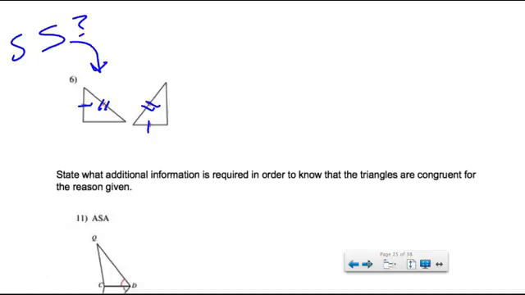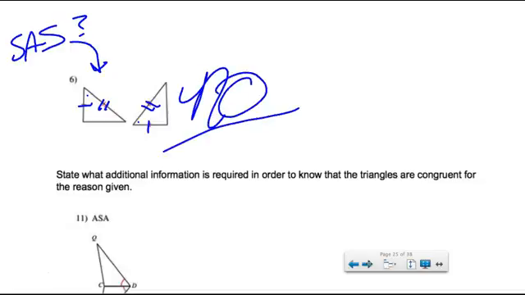The answer is no. They look the same, but they're not marked the same and they're not shared. Can I get an included angle so I can do SAS? And again, the answer is no. Although they look the same here and here, they are not marked, they're not vertical, they're not shared. There is no other way for me to add for sure any other markings. You can't go by looks. So I'd say, nope, not enough info on this one.